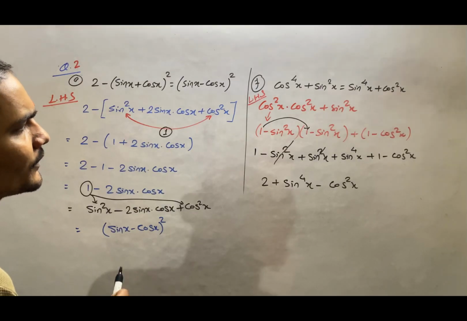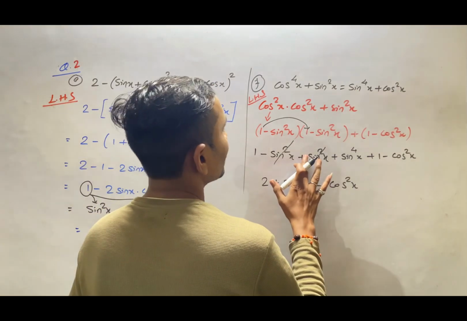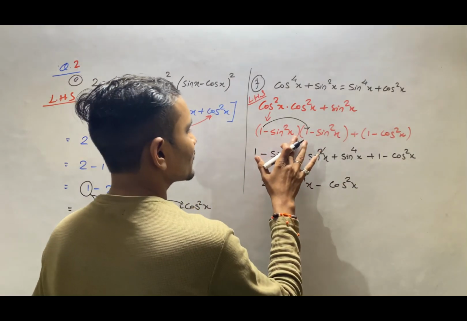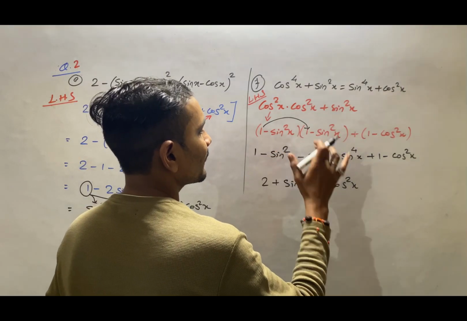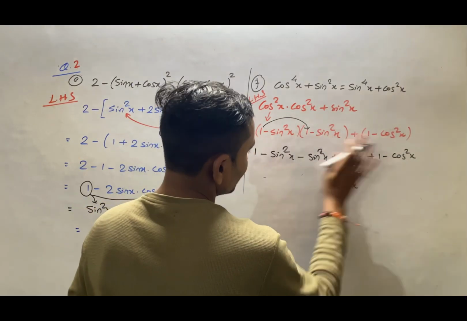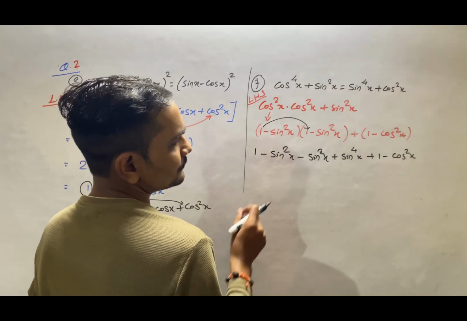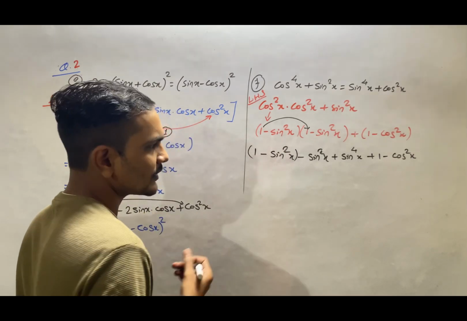1 minus. Yes, here the negative sine square x and negative sine square x. So here we can't cancel these two parts. So now this, let me take one negative sine square of x.